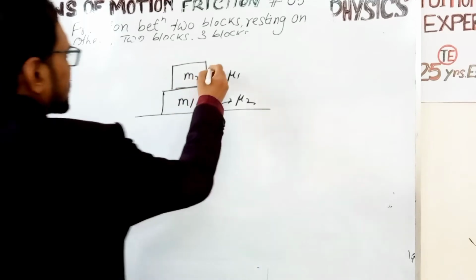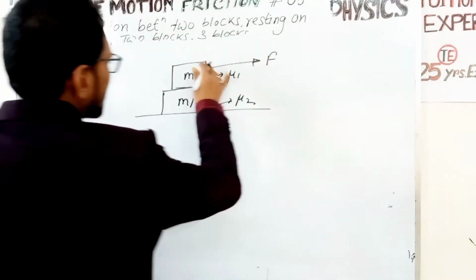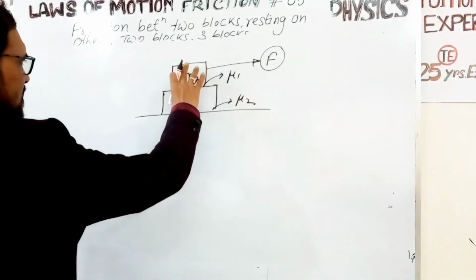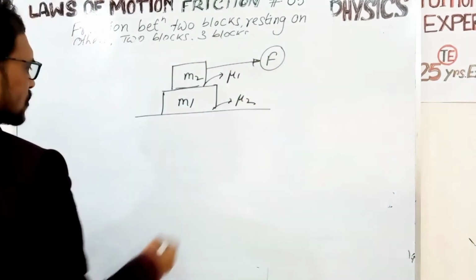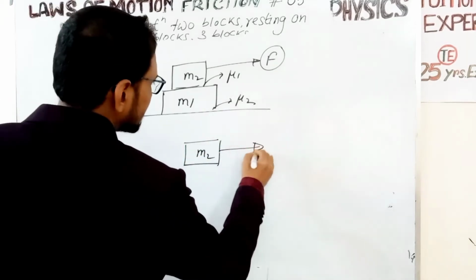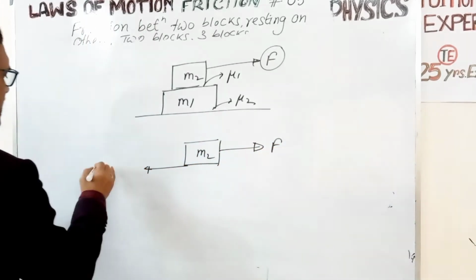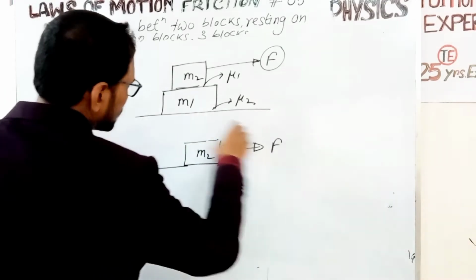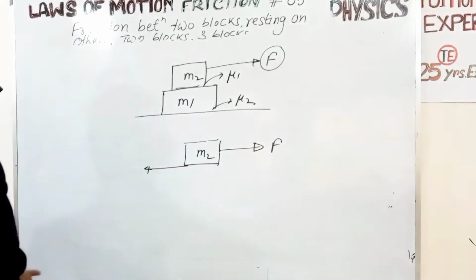So suppose F is applied first here, and what is the force such that the two blocks move together? What do we write? So on M2, force acts in this direction, friction force acts in this direction, because if force is applied here, then this block tries to move over the surface, so friction force acts in this direction.